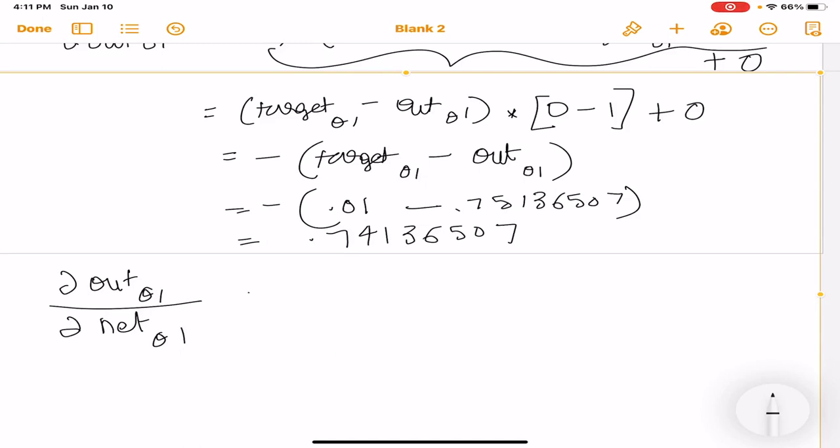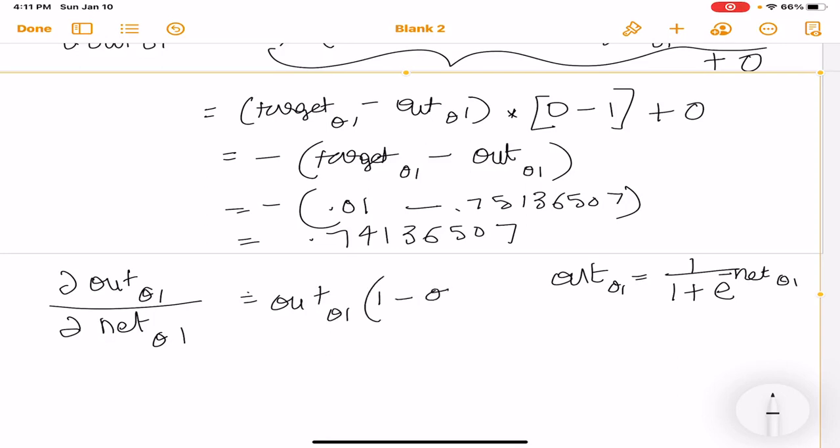And you might recall that out O1 is nothing but 1 by 1 plus e raised to minus net O1, right? And if I take the partial derivative of this, it is nothing but out of O1 into 1 minus out of O1. So the partial derivative of this is nothing but this one, right?